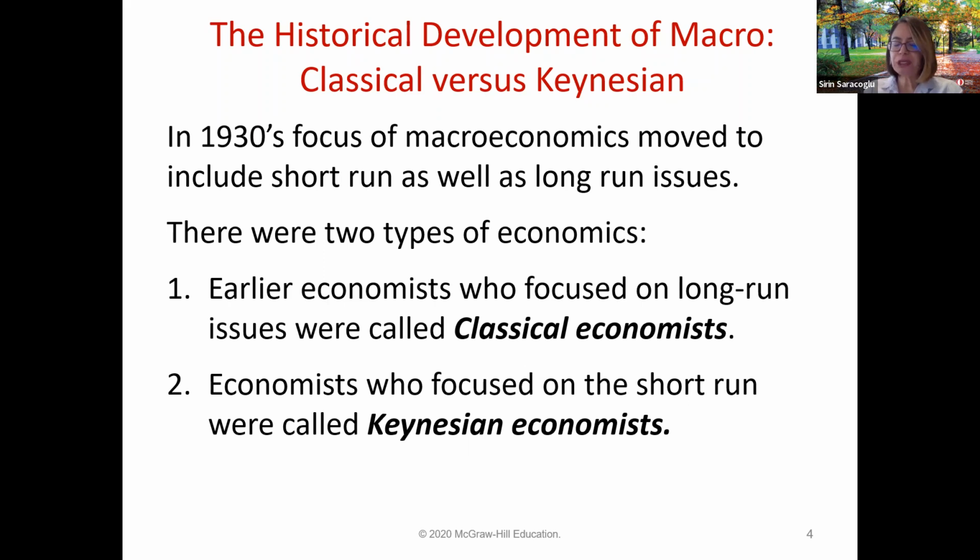But with the Great Depression that started in 1929 in the United States and which spilled over to the rest of the world, unemployment became a permanent problem which could not be remedied easily. According to the classicals, they said that, okay, the unemployment problem is there because there are impediments to the competitive behavior of the labor markets.